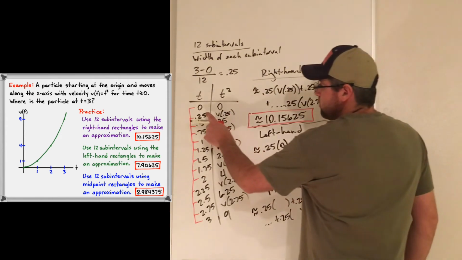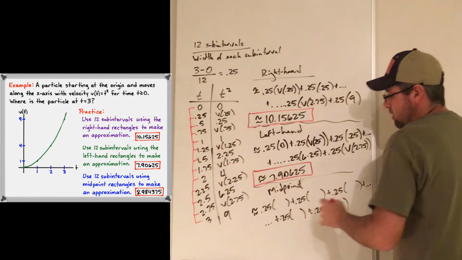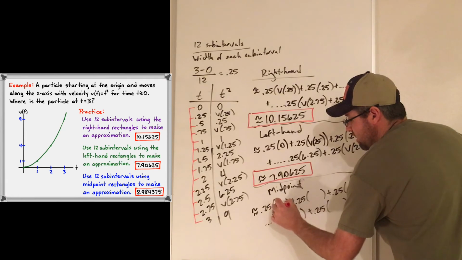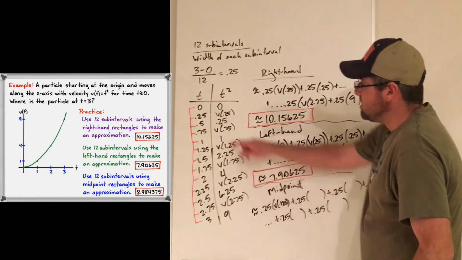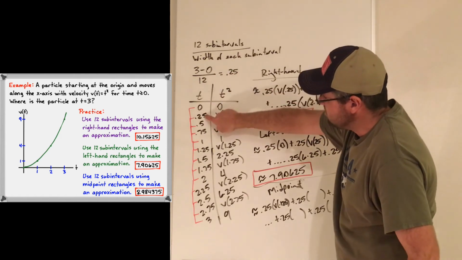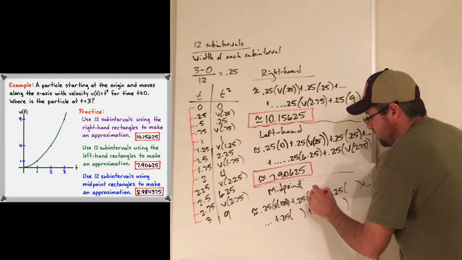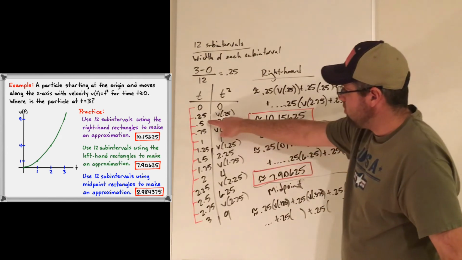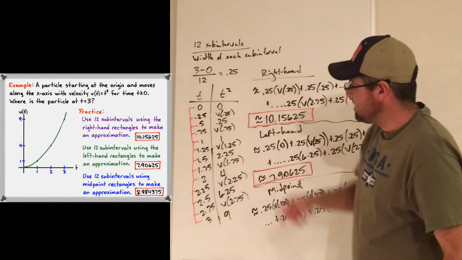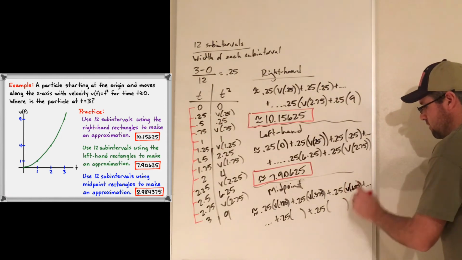So what we want to do is find the value in between 0 and 0.25. So we would actually find the velocity of 0.125, the one that's between these two. The one that's between these two is going to be V of 0.375, I believe. The one in between 0.5 and 0.75 is V of 0.625.